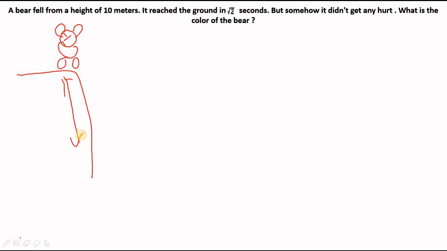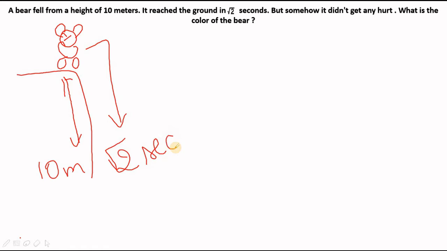It's 10 meters, and we have also been given the time it took to reach the ground, which is root 2 seconds. Do we have any other information? Nothing. So that is the information that we have.